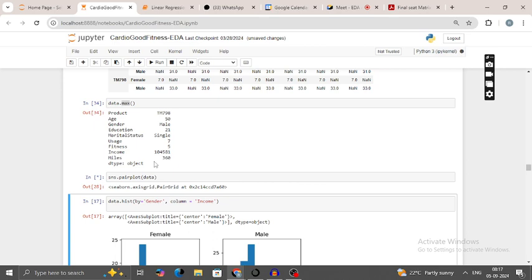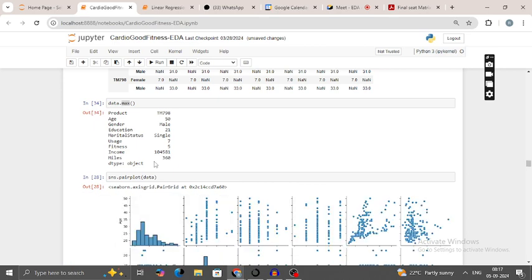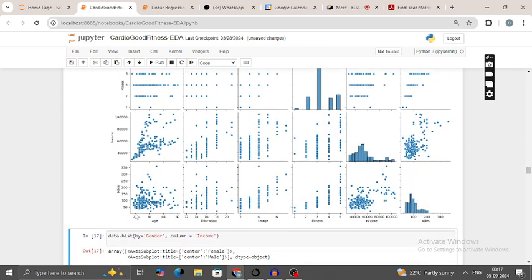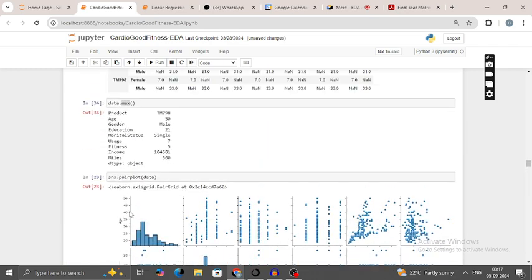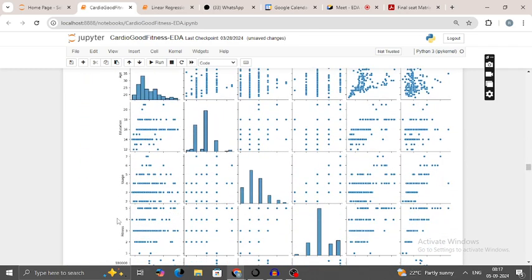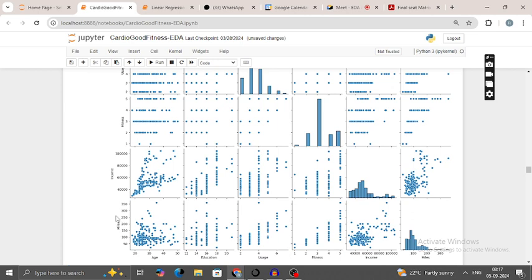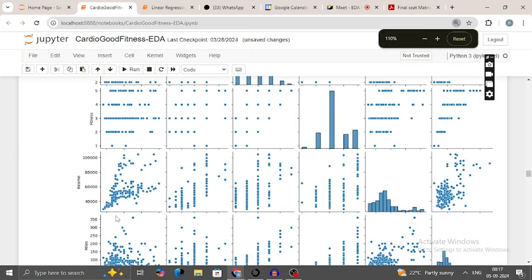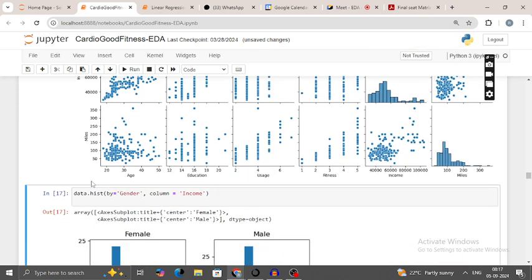Here I can plot so many plots at once. Even in Power BI I have not seen it, as per my knowledge till now. Excel is not possible. So this is the advantage of the Python Matplotlib and Seaborn libraries. We can use it.